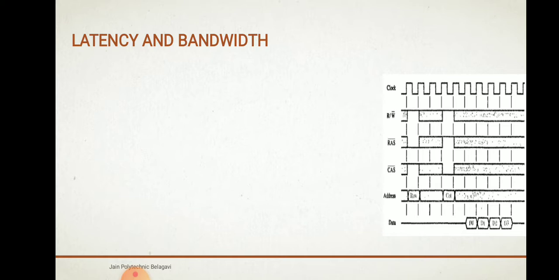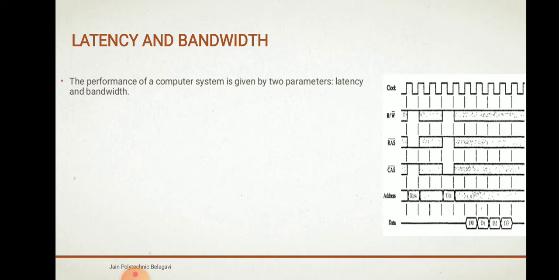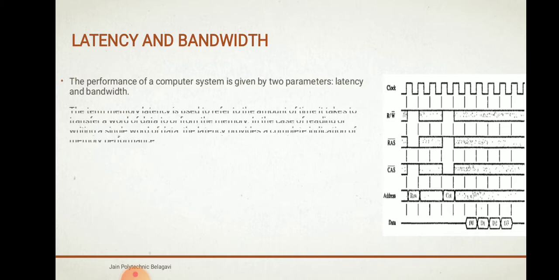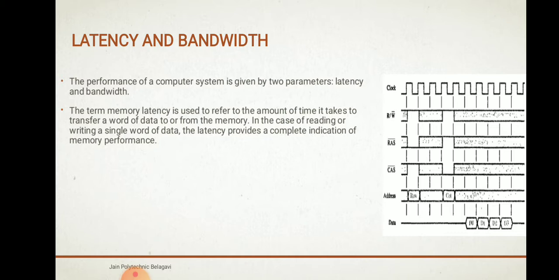Now let us go to latency and bandwidth. The performance of a computer system is given by two parameters, latency and bandwidth. The term memory latency is used to refer to the amount of time taken to transfer a word of data to or from the memory, that is, the time taken to transfer data from the processor to memory and from memory to the processor.